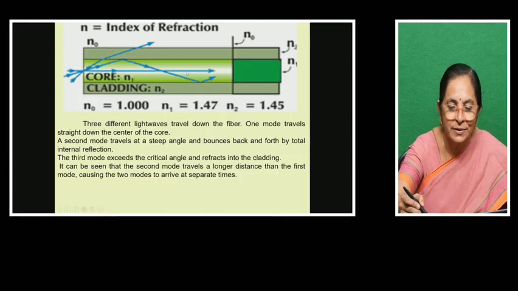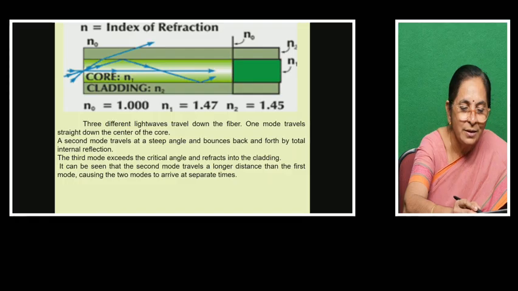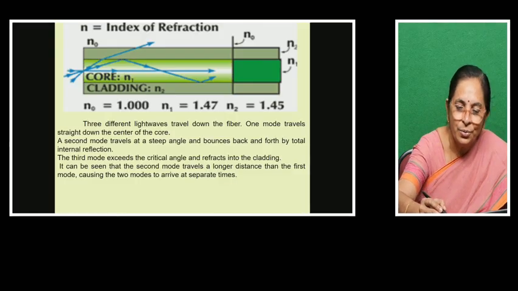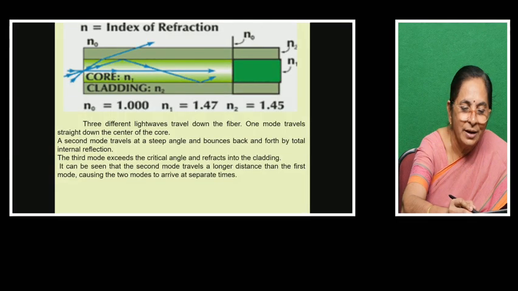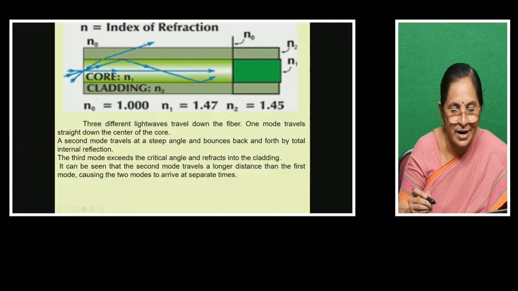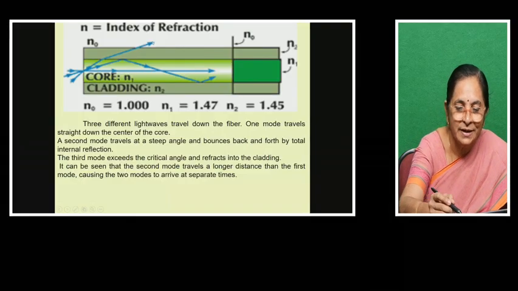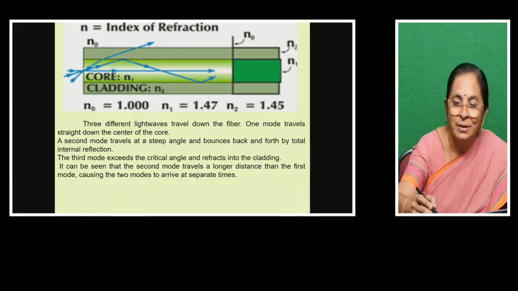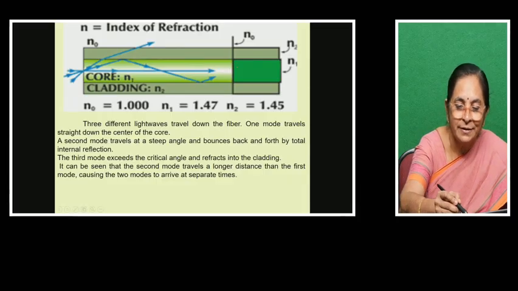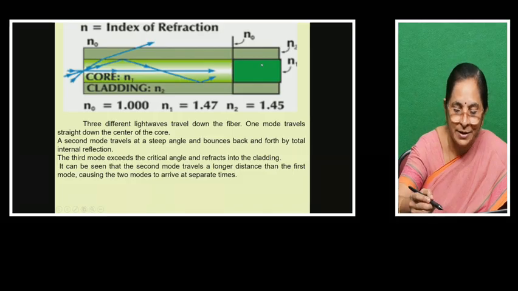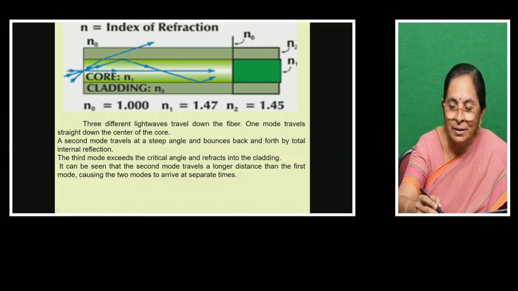One is traveling a straight path, so it takes lesser time, whereas the ray which is striking the core and cladding at the critical angle undergoes total internal reflection, and the ray which is striking the boundary at an angle greater than the critical angle undergoes refraction. So this one is not reaching the other end. The other 2 rays, if you see, are reaching the other end at different timings. The straight path is a shorter path, so it can reach faster. The other one is taking a little extra time. So there is a difference in time reaching the other end.